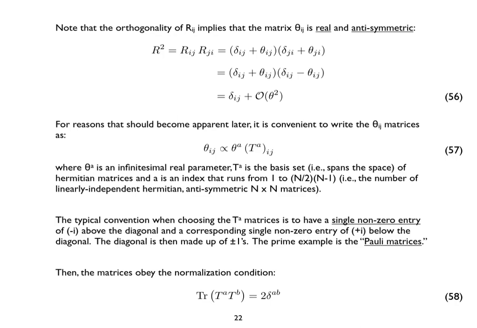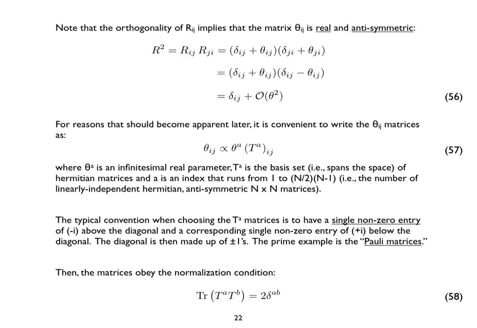You have some freedom when you write down these matrices, and typically the convention is to write down a single non-zero entry of minus i above the diagonal and a corresponding non-zero entry of plus i below the diagonal. And the diagonals, because you want this to be continuously connected to the identity matrix, are made up of plus or minus 1.